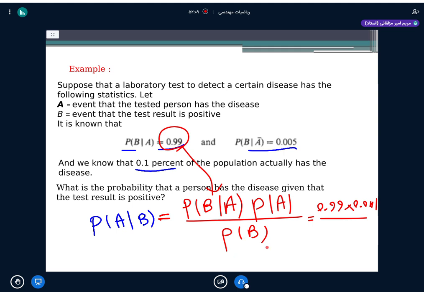But divided by the probability of B. What's the probability of B? For computing the probability of B, we have the probability of B given A, and also the probability of B given A bar.